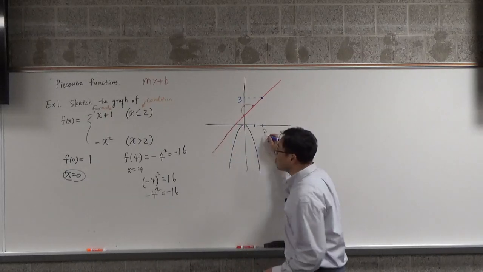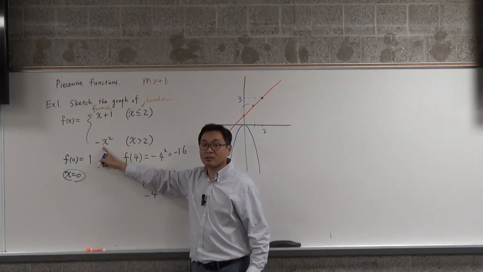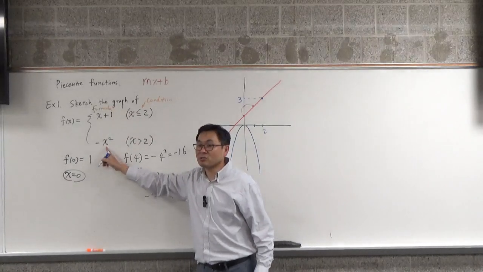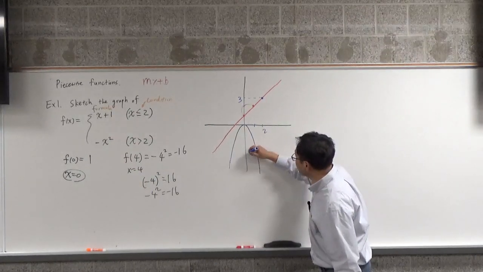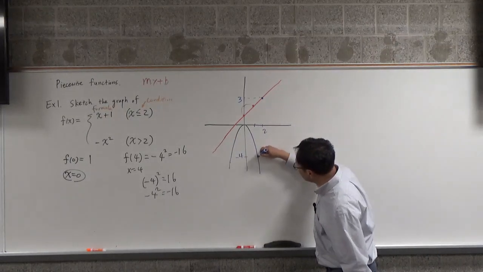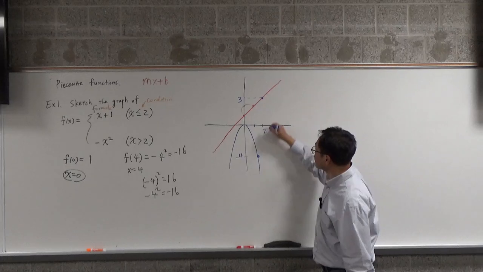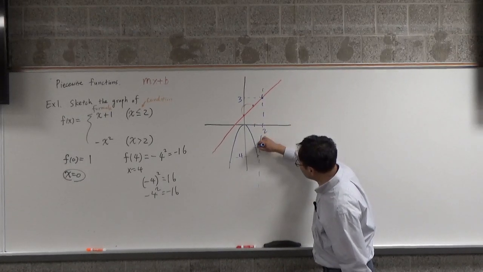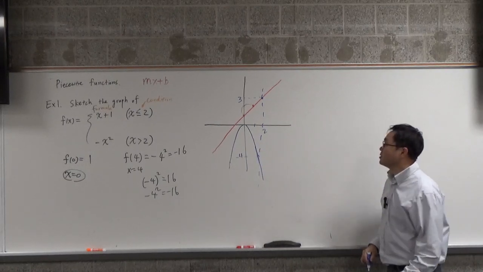And then if you plug in 2 into this one, what do you get? Negative 2 squared, which is negative 4. So you get negative 4, and it's here, okay? Okay.